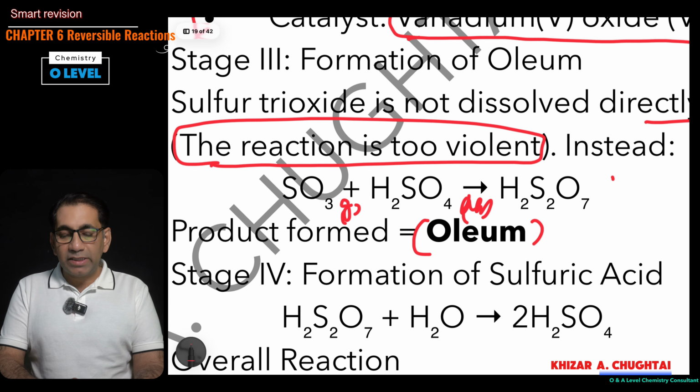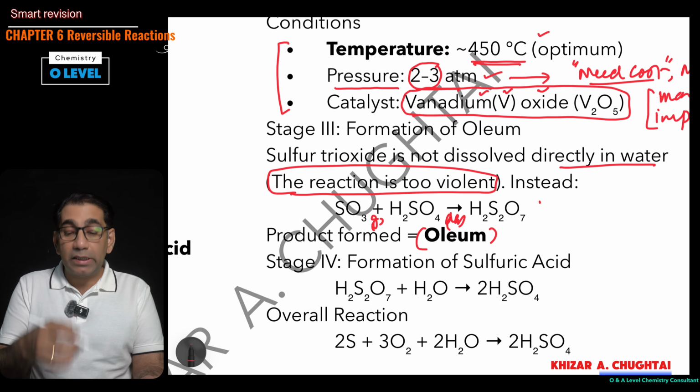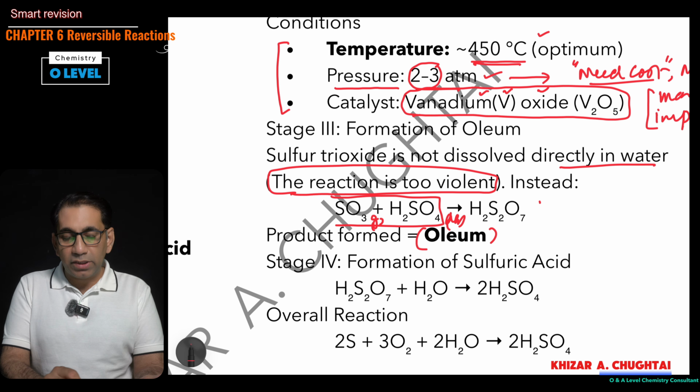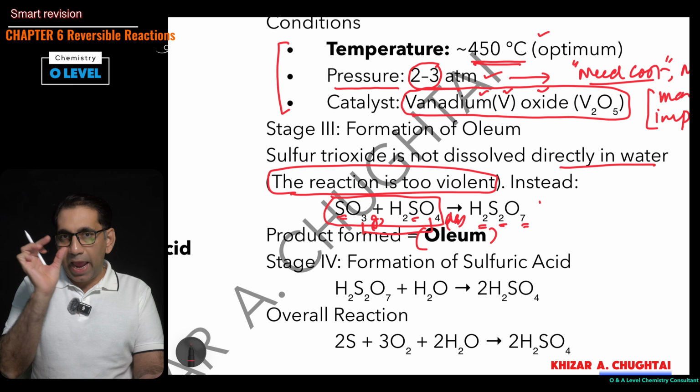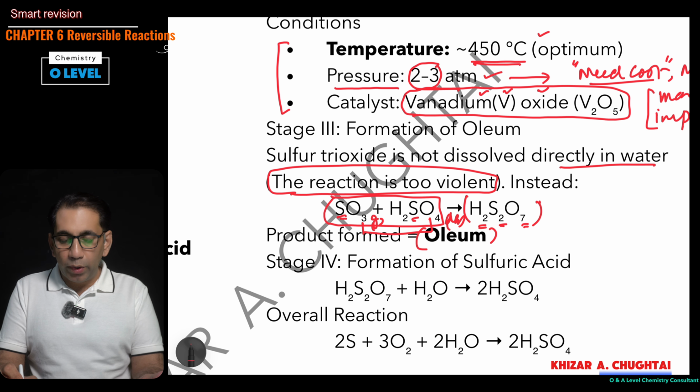We can suppose that it is a sort of addition reaction. So how many hydrogens, how many sulfurs, how many oxygens are there? 3 plus 4, 7. Just add these two molecules, and here is the formula of oleum.